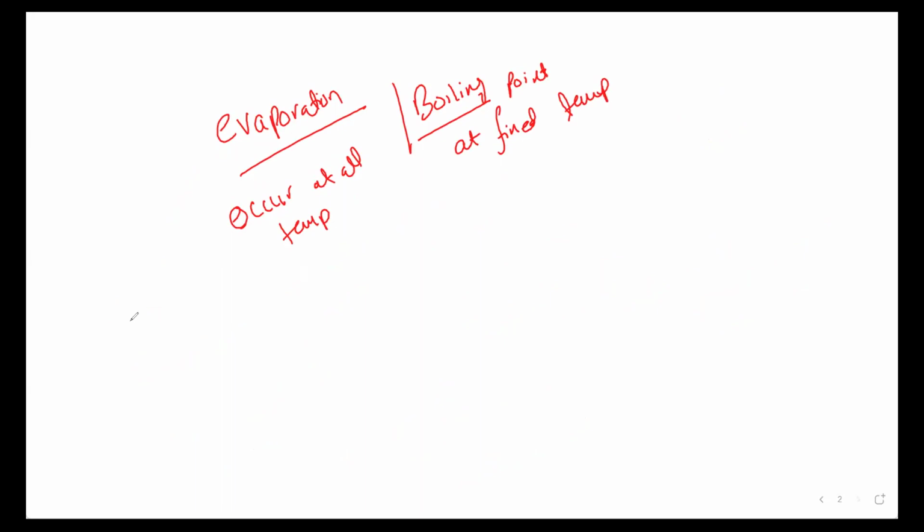Second point is evaporation occurs at the surface only. That is, particles would escape from the surface only, whereas boiling occurs throughout the liquid.